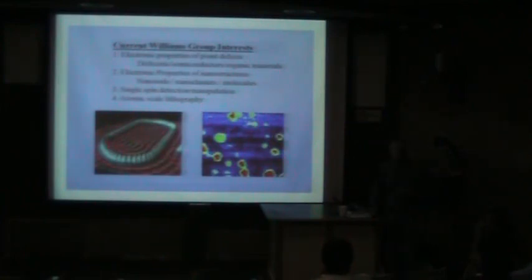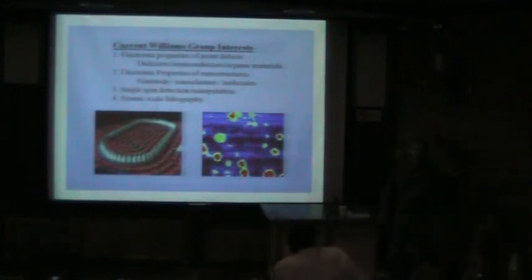Everybody who wants to get some funding or attract a little attention uses the words nanometer scale. What I'm going to describe today are studies that we're interested in doing and that we have done on a sub-1 nanometer scale, which is a somewhat different domain than the larger nanometer scale that is often discussed.